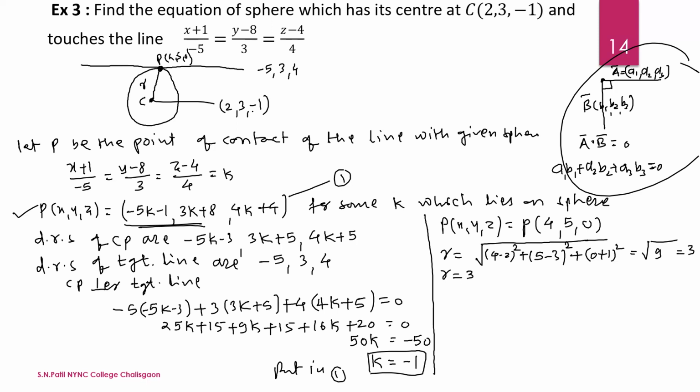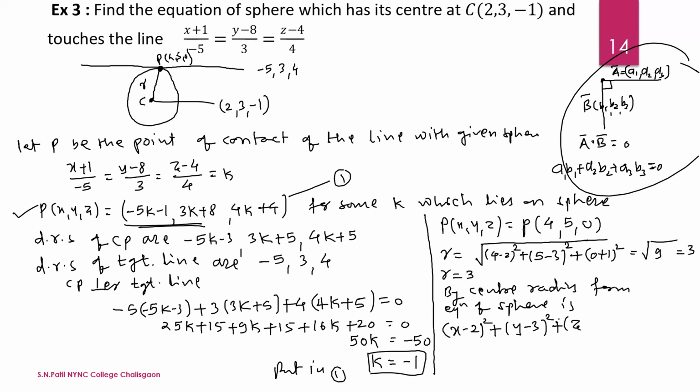Okay, we already have the center. Now we have calculated the radius. Now by using the center-radius form, the equation of sphere is x minus 2 bracket square, y minus 3 bracket square, z minus, and here already minus plus, is equal to r square.